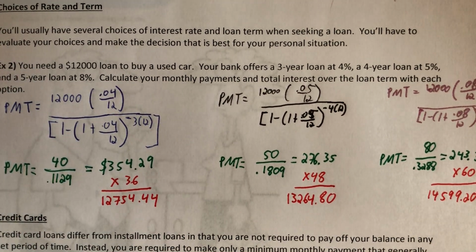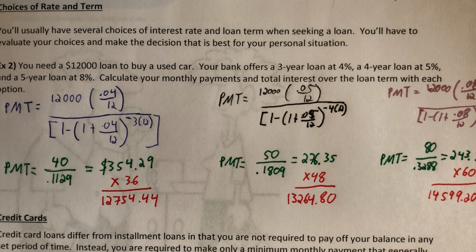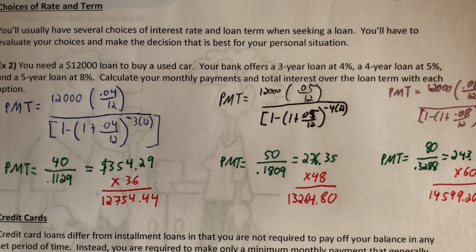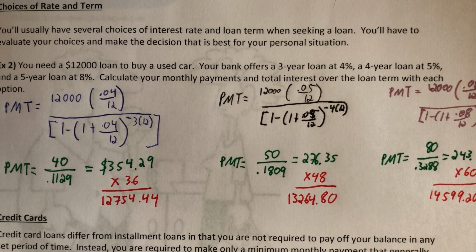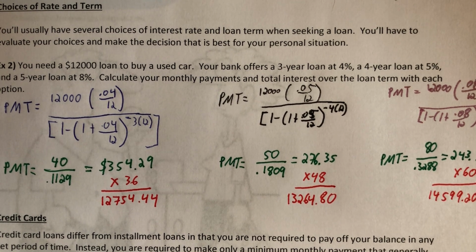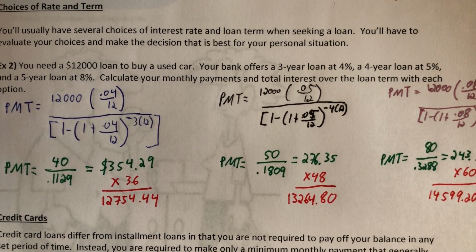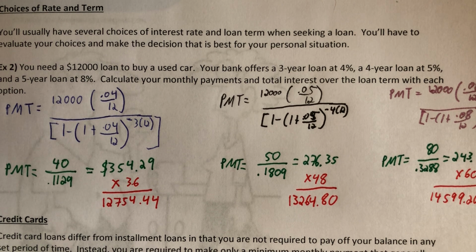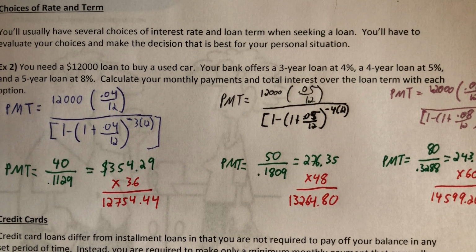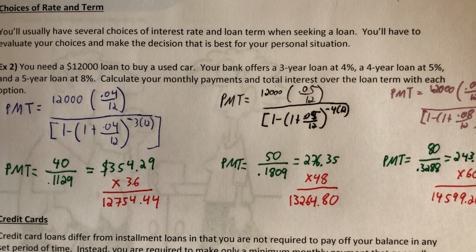All right, for our last one, we have 12,000 times 0.08 divided by 12. We're going 8% interest over 5 years. And if we put in 0.08 and 5 in our denominator, we would get monthly payments of $243.32, which is less, obviously, than the second payment.